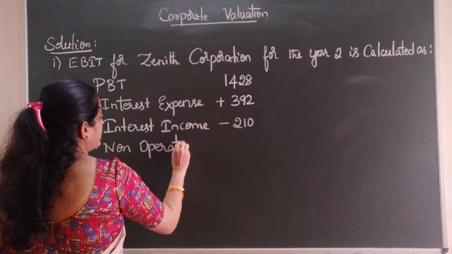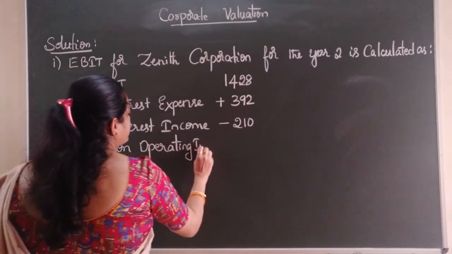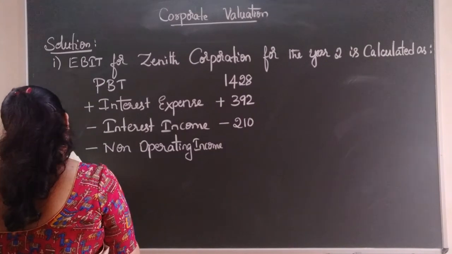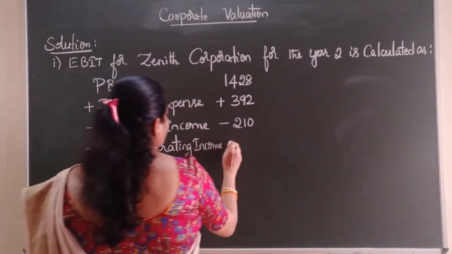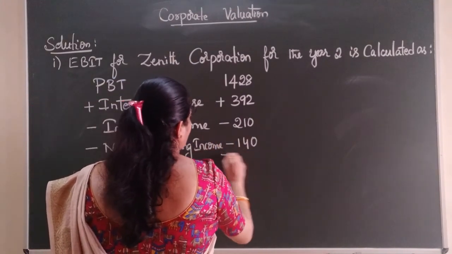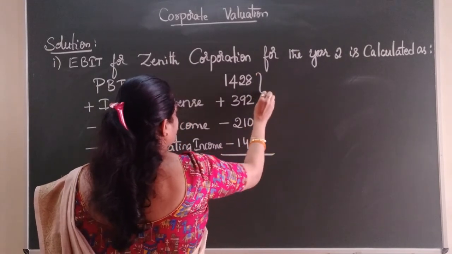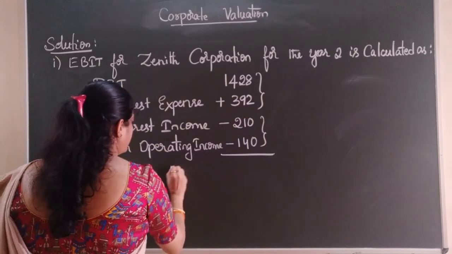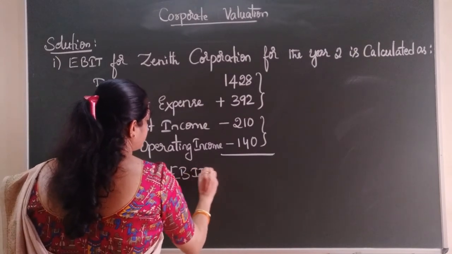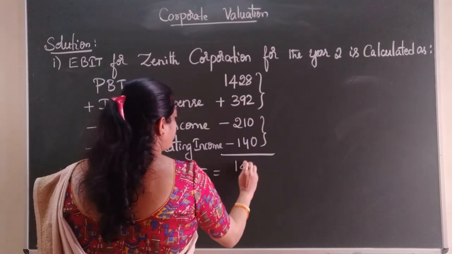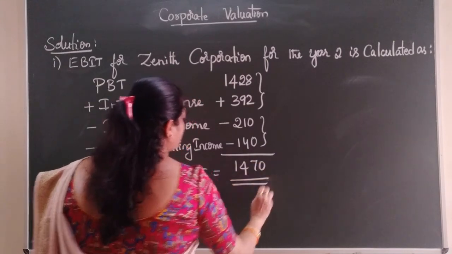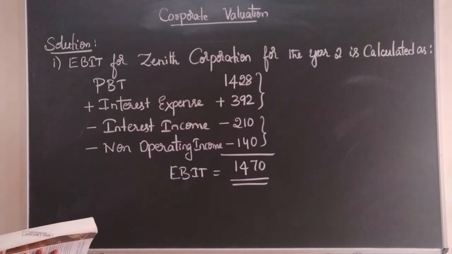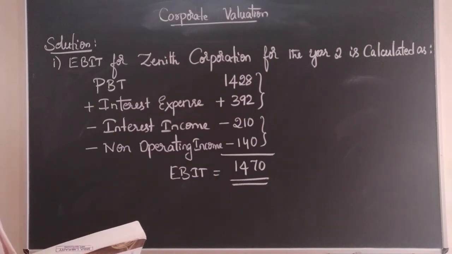The non-operating income given in the problem is minus 140. So what we need to do is first add and deduct these. The answer is EBIT is 1470. This is EBIT for Zenith Corporation for the year 2. Only for the year 2 we need to find out.